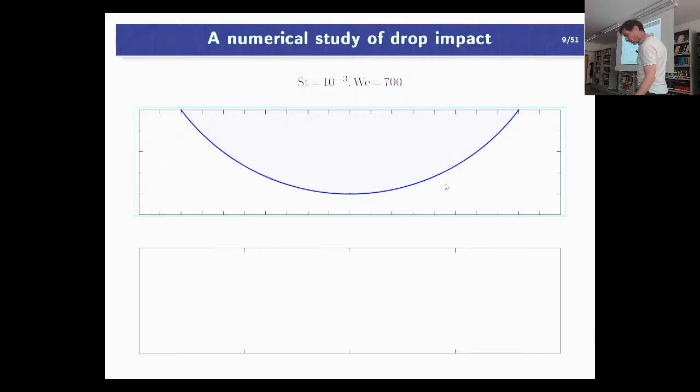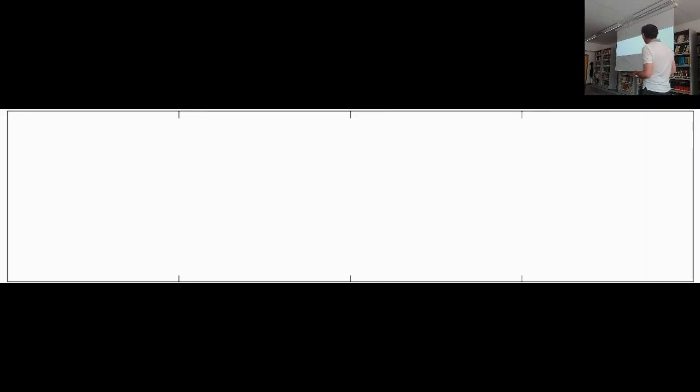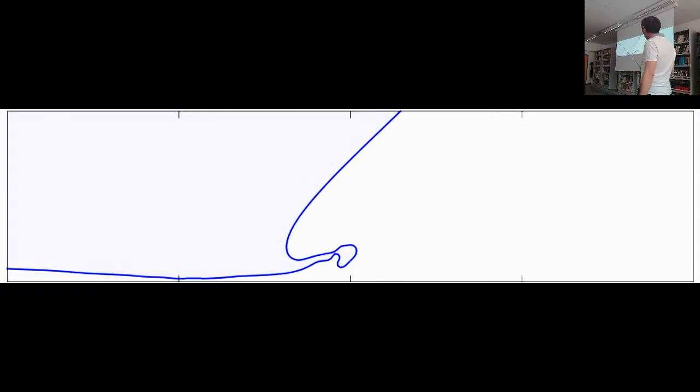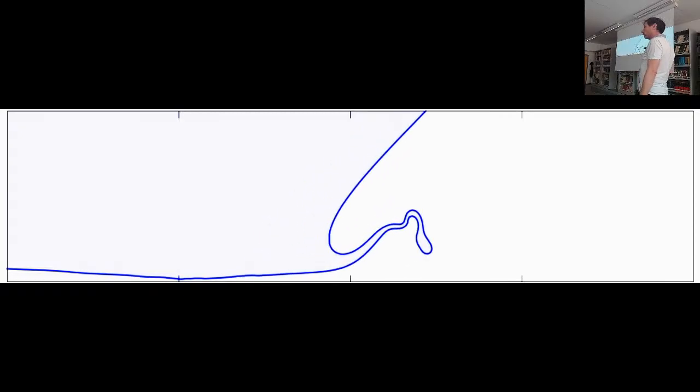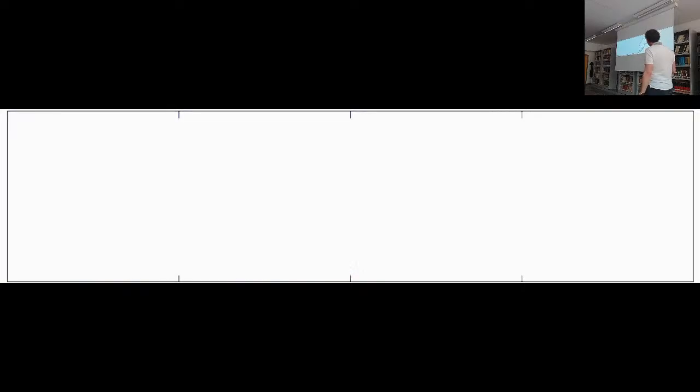If you zoom on the contact region, so there is no contact, but if you zoom on the minimum film thickness region, then you can have a look at the resolution, which is quite high. I used a boundary integral method to solve this problem, and the main advantage is that you can put a lot of points in regions where the curvature is high or where you need a good resolution.